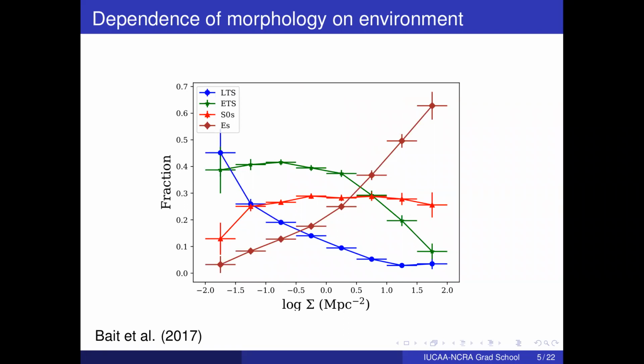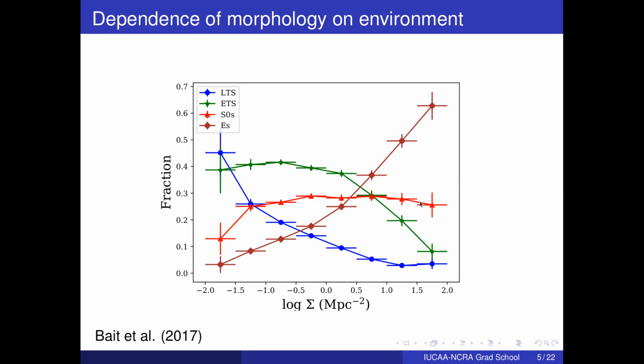Now we say, let's slice it by environment. What you see is that as you go to higher densities, the fraction of early type spirals goes down, the fraction of ellipticals goes up, and the fraction of late type spirals goes down. But what we found, at least for our sample, is that the fraction of S0s increases initially, but then stays roughly constant within the error bars.